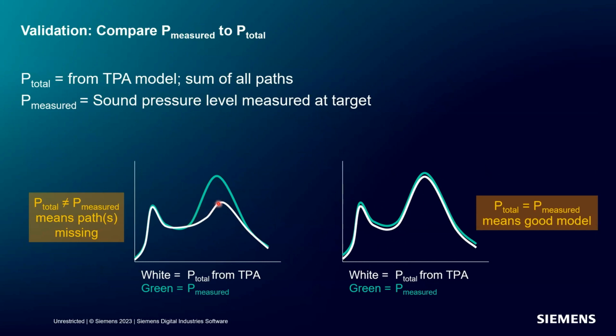If the sum total of the transfer path didn't equal the total measured at the actual operator location, we would know that we were missing some paths. It could be that we considered only structural paths, but there are airborne paths. Or it could be that we didn't consider that vibration from the motor is getting in through a shock tower and then creating noise. So at least experimentally, you have a chance of figuring out if you're missing some important paths for diagnosing and troubleshooting.